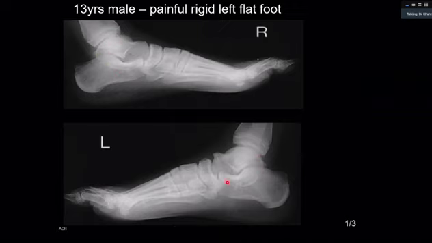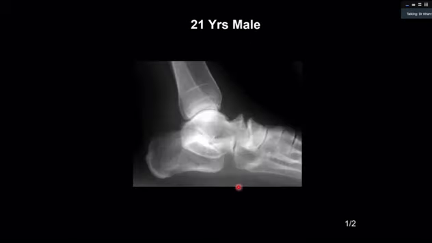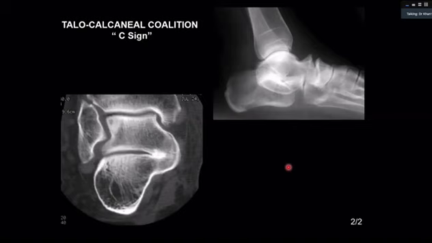This thing becomes very, very dense and prominent. So this is a normal type of appearance, but then it becomes abnormally dense and very well defined. And this is quite pathognomonic of what we call a frank coalition.